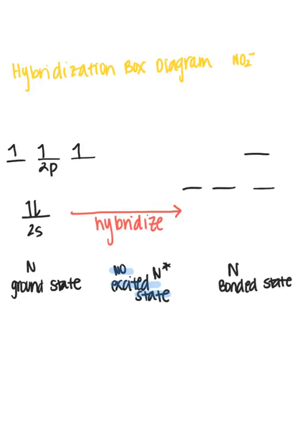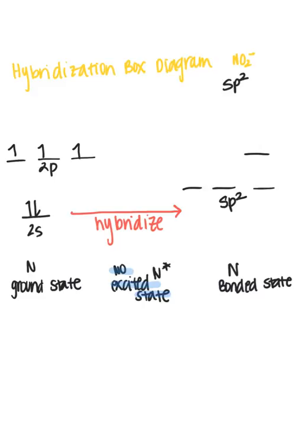So now we have to remember that hybridization for nitrite is going to be sp2. So the hybridization for nitrite is sp2. So that's going to be right here in the middle of 2s and 2p.